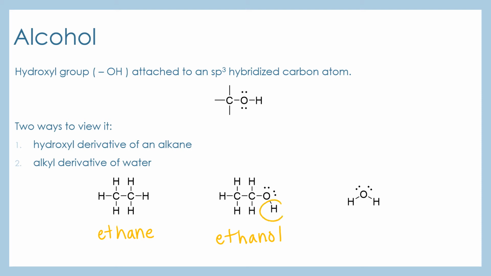The hydrogen is also going to be capable of hydrogen bonding with itself and with other molecules, just like the hydrogens on water. This molecule is polar, with the electron density moving towards the oxygen, just like water. So alcohols have a lot in common with water, including their level of acidity as well. Their pKa values are very close together. And we're going to talk about pKa's in chapter 3 with acids and bases.